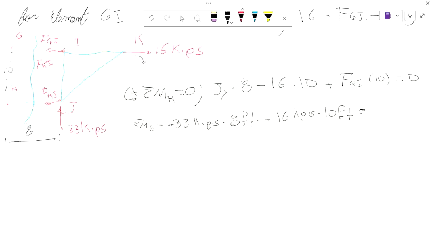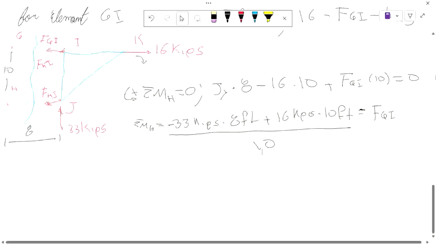So let's keep these under the same sign, and we'll see what we get, if positive or negative. All right, so what we need to find is a force FGI with the following information.